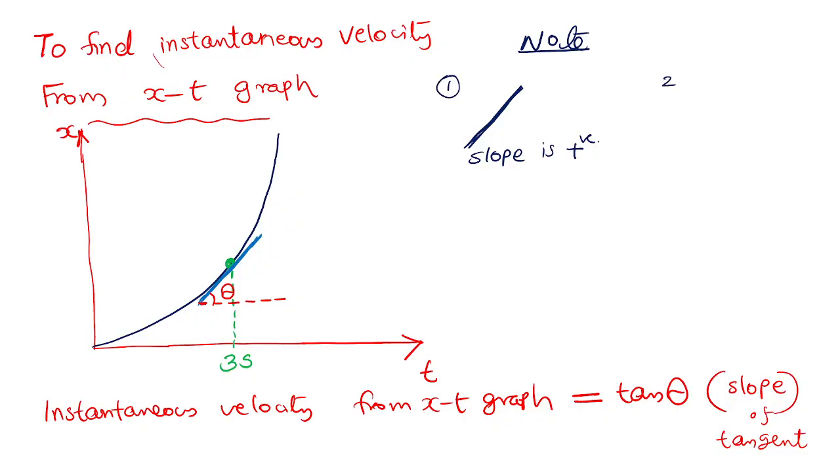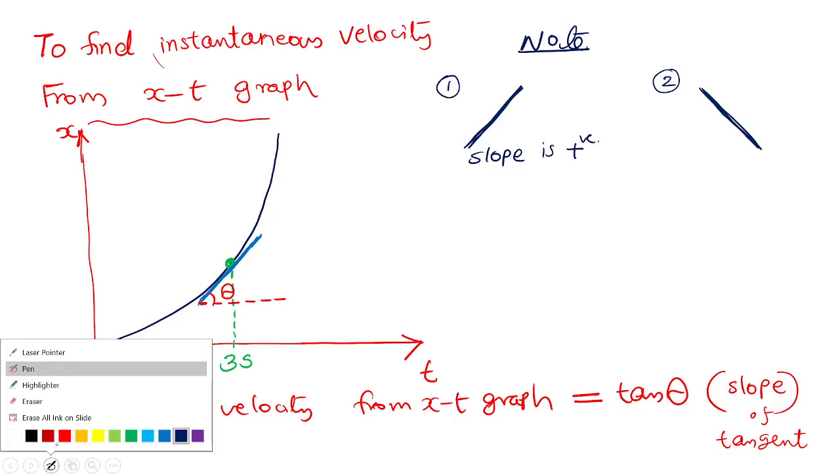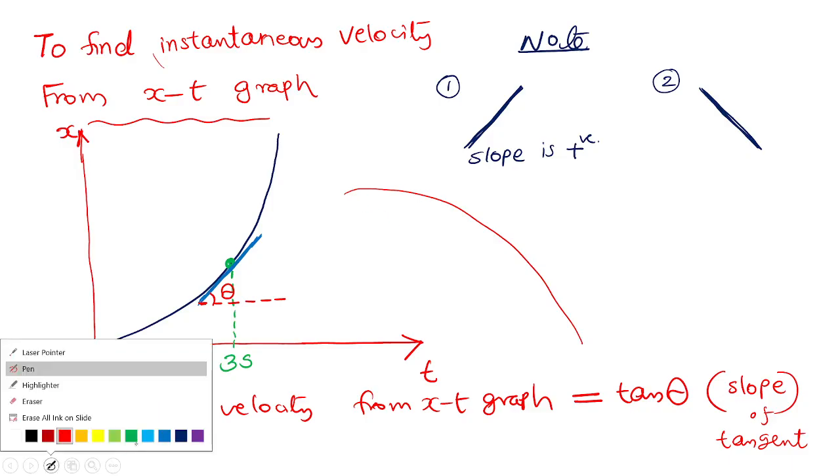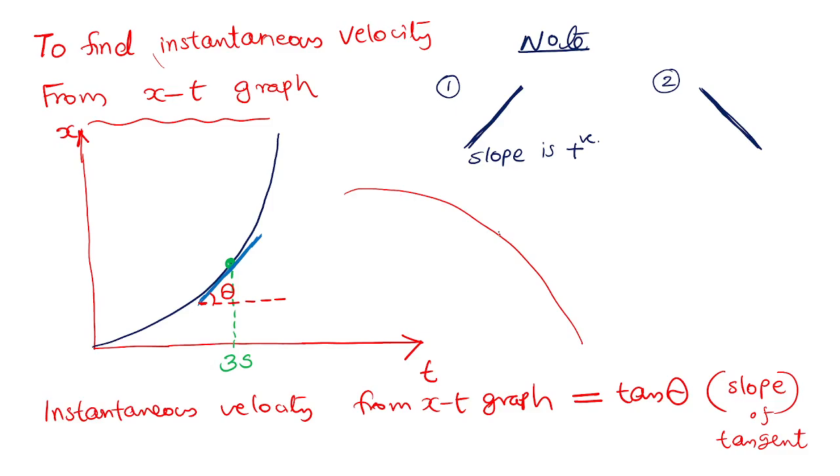And the second case is if you have a tangent like this. Sometimes the tangent may be downward. For example, a curve is going like this. If you draw a tangent at this point, you will get a tangent that looks like this.